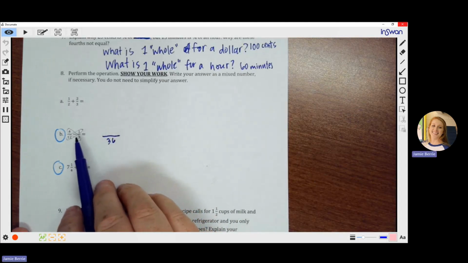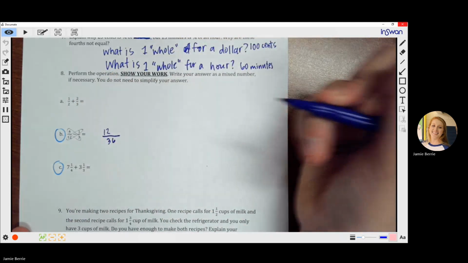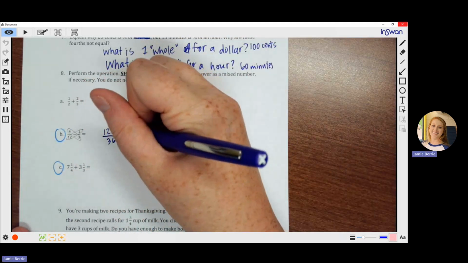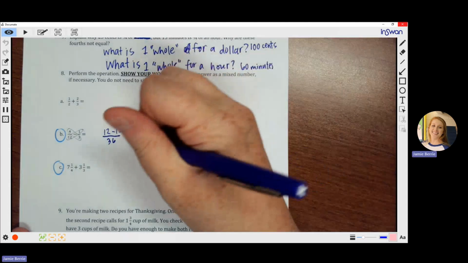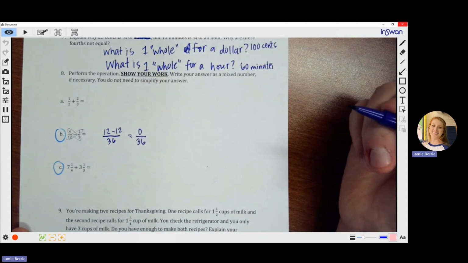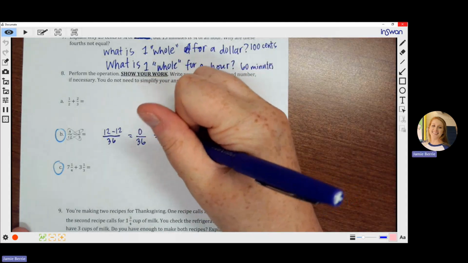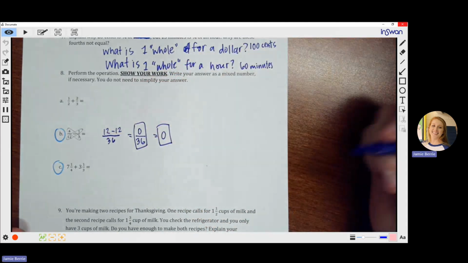And then up here we had 3 times 4 is 12. 12 times 1 is 12. So what is 12 minus 12? That's 0, right? What's 0 divided by 36? It is 0. You don't have to simplify it. You could leave it here, but that one's really easy to simplify.